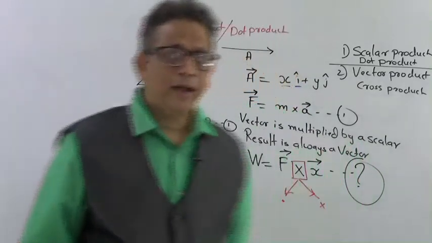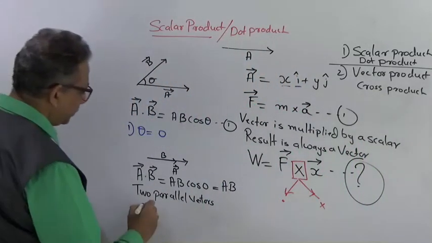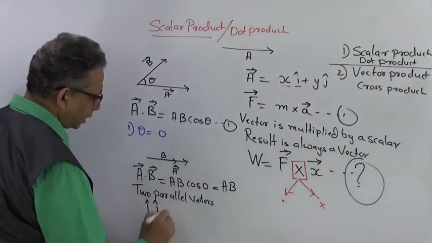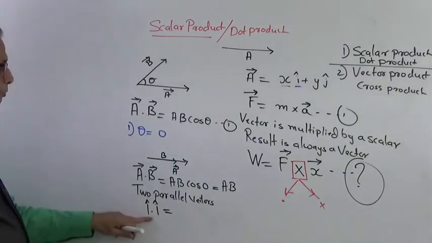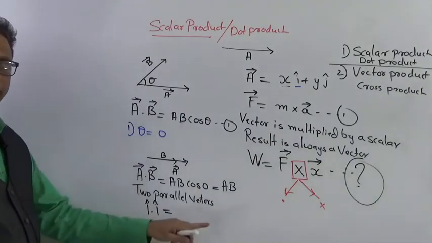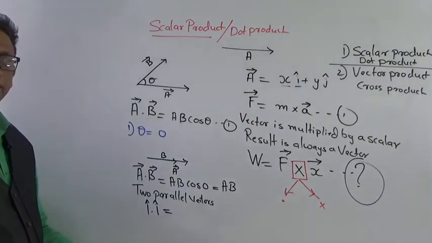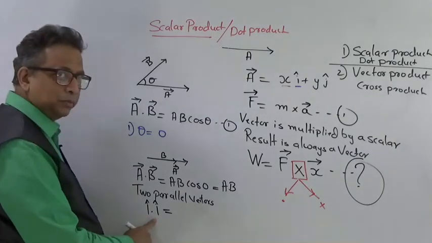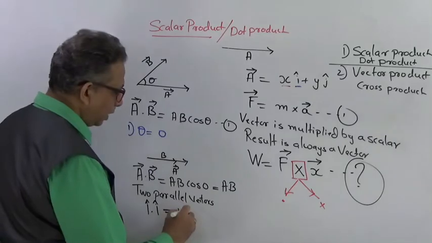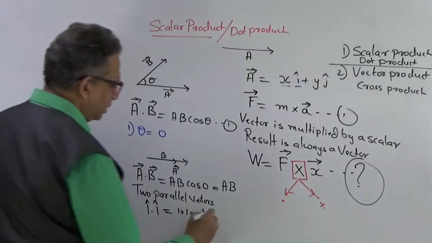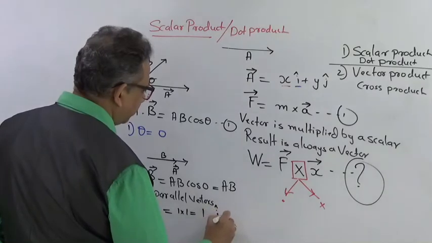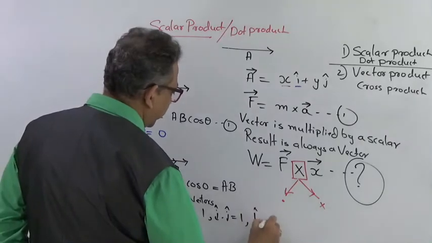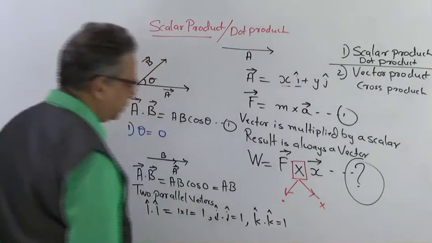So suppose I have to multiply two unit vectors, that is i cap into i cap, this will give me what? Both i caps are in the same direction, so the angle between i and i is 0. So this will give me magnitude of i into magnitude of i, but magnitude of i is 1. So it will be 1 into 1, so the answer will be 1. Similarly, j cap dot j cap will be 1 and k cap dot k cap will be 1.